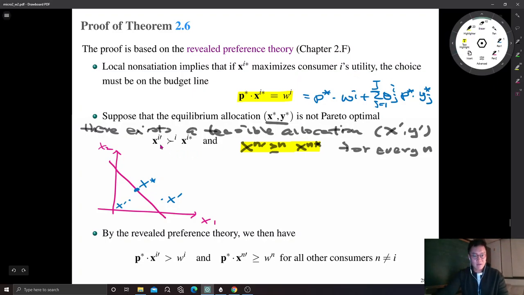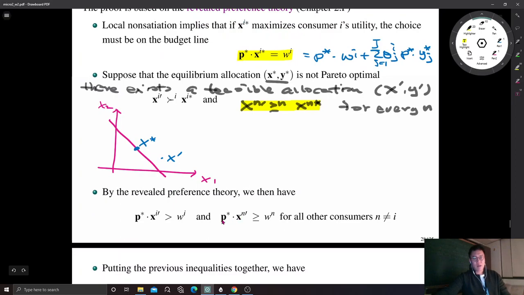So if consumer i strictly prefers bundle xi prime to xi star, that means xi prime is outside the budget set at the equilibrium price vector P star. In math, in order to consume this bundle at price vector P star, the total expenditure necessary is higher than his wealth, right?